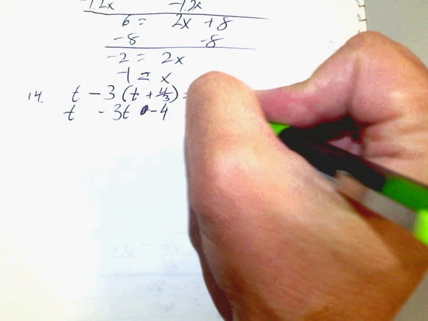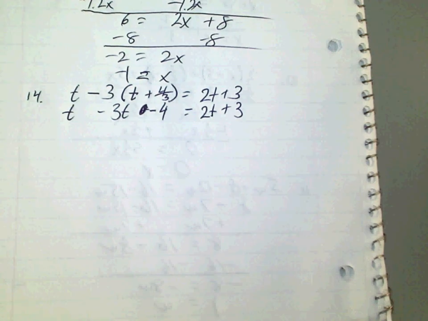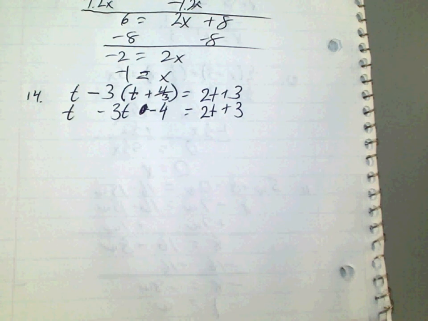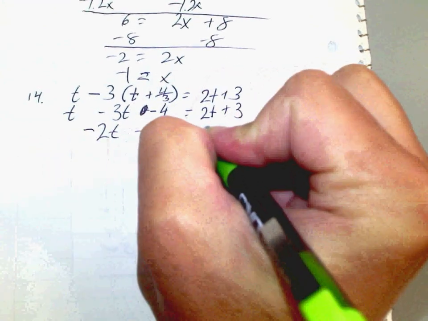How did I know that negative 3 times 4/3 was negative 4 so easily? Yeah, that inverse property again shows me those 3's get rid of each other. So negative 2t minus 4 equals 2t plus 3.